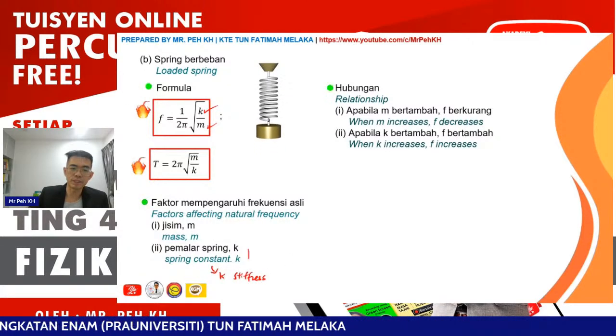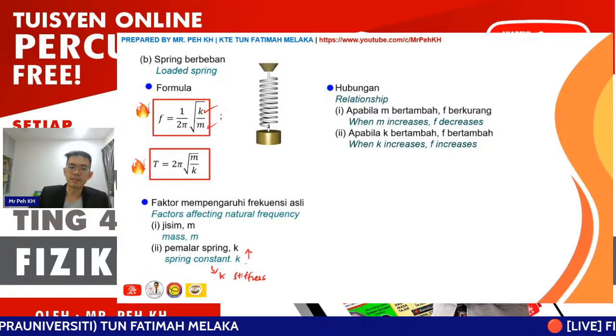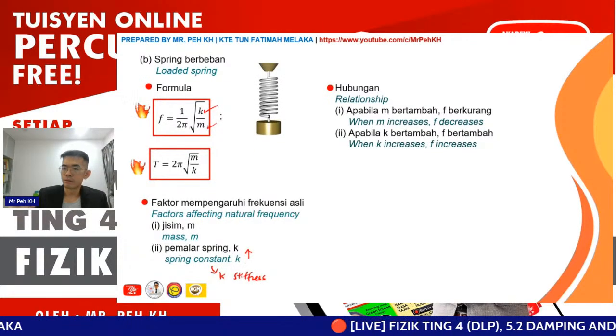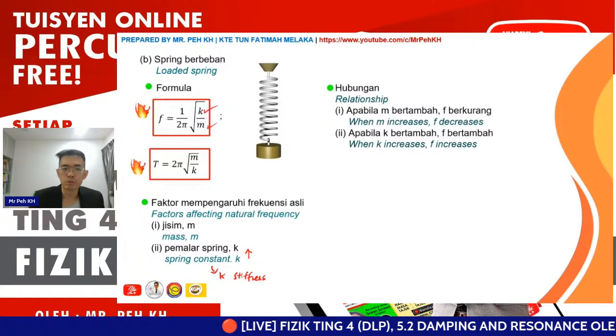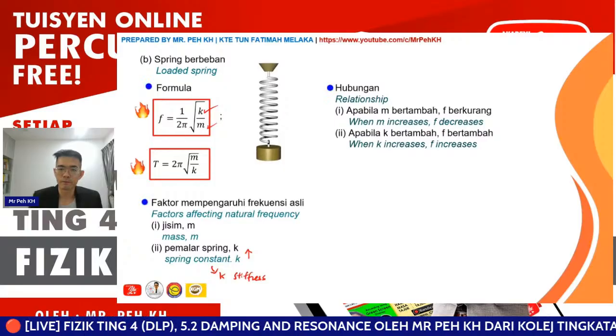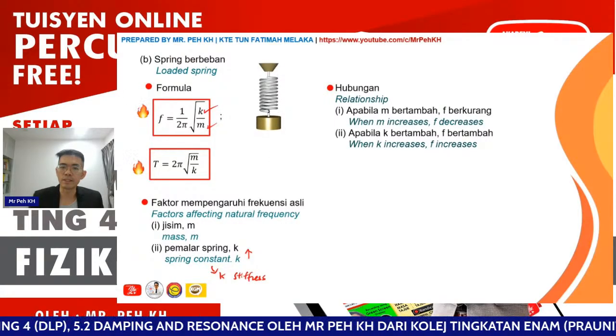If the spring constant is higher, the spring is stiffer, or harder to compress or stretch.